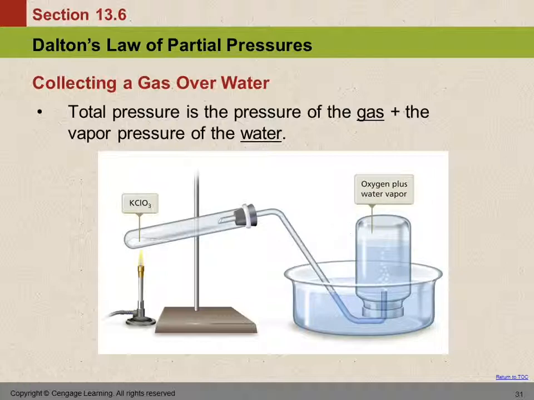And so we need to use Dalton's law of partial pressures to find out the pressure of just the oxygen. The total pressure is the pressure of the gas that we're interested in plus the vapor pressure of the water. And so anytime you have a question that talks about collecting a gas over water, you need to use Dalton's law of partial pressures to take the water vapor pressure out.